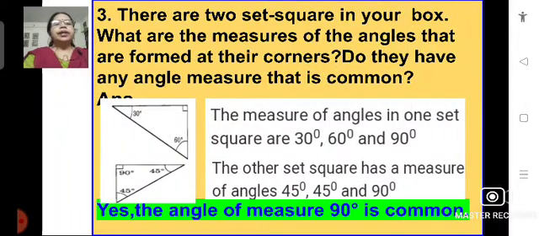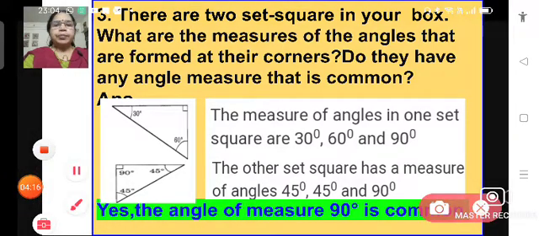Question number 3. There are two set squares in your box. What are the measures of angles that are formed at their corners? Do they have any angle measure that is common? Now children, you can find two set squares in your compass box. They have angles of different measures in them.